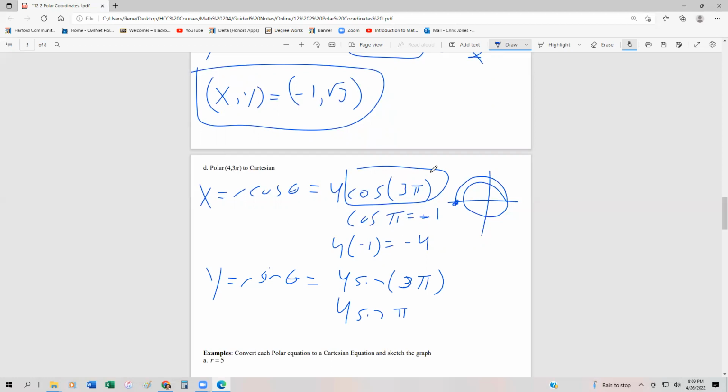And right here, we can clearly see that the y coordinate is 0. Okay, so that means we get 4 times 0, and we just punch that in our calculator, and we get 0 for that. I copied the 4 over, should be 0. All right. And so that means that in terms of x and y, our coordinate is going to be negative 1, 0, okay, as an ordered pair.